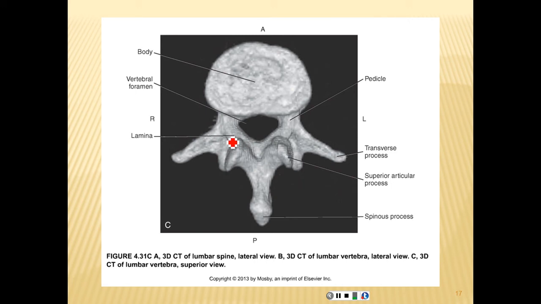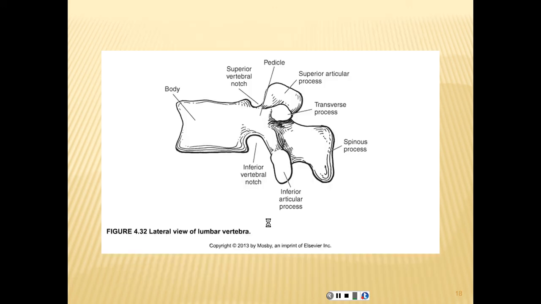The lamina connects the transverse process to the spinous process. The pedicle connects the body to the transverse process. So pedicle, lamina. Pedicle, lamina. This right here is the superior articular process, spinous process.